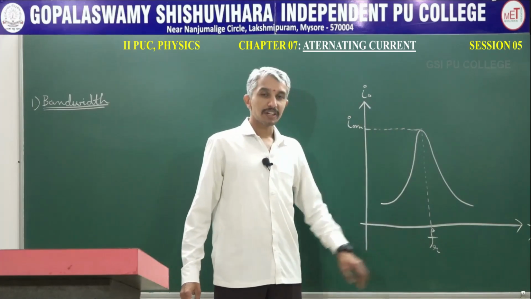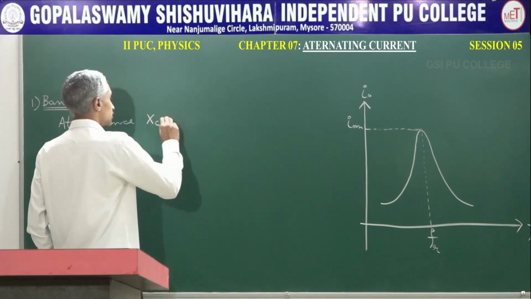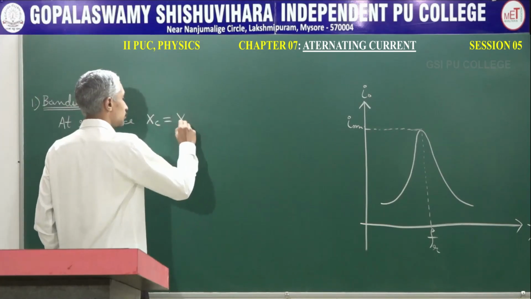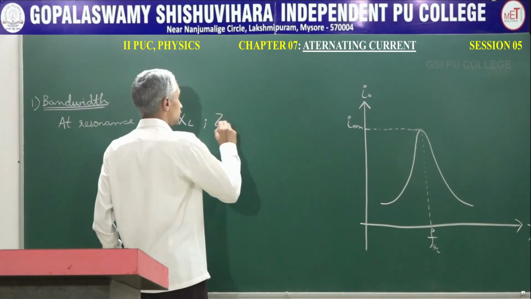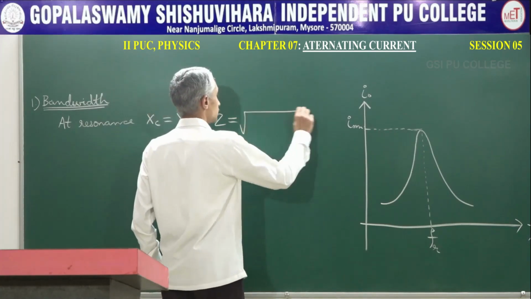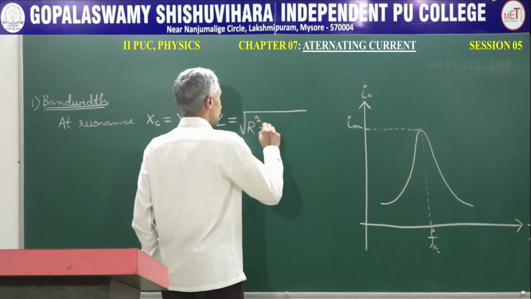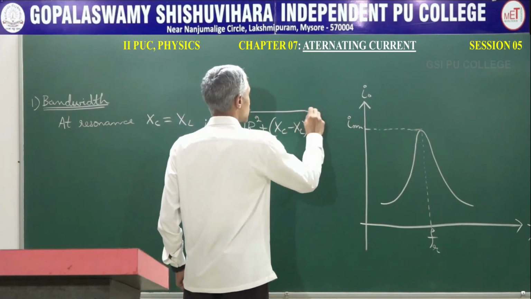So what is going to happen at resonant frequency? At resonance, the capacitive reactance will be equal to inductive reactance. Therefore, the impedance in the circuit, which is given by root of R square plus XC minus XL whole square.